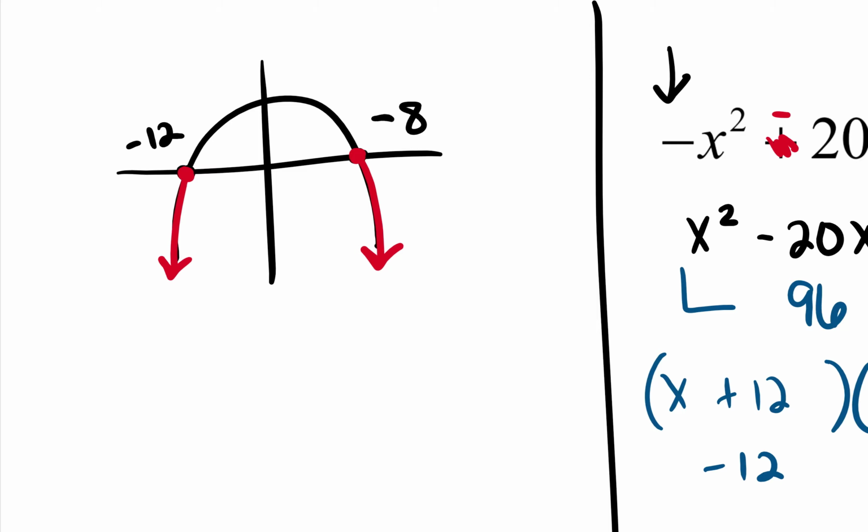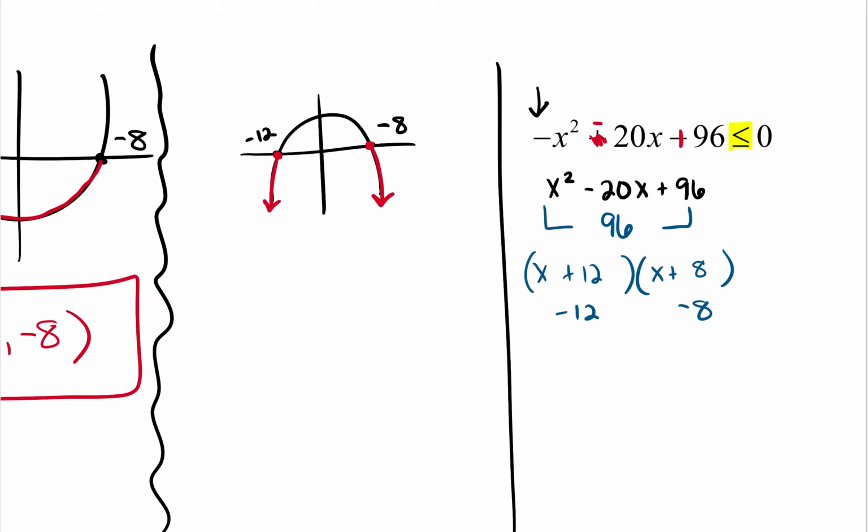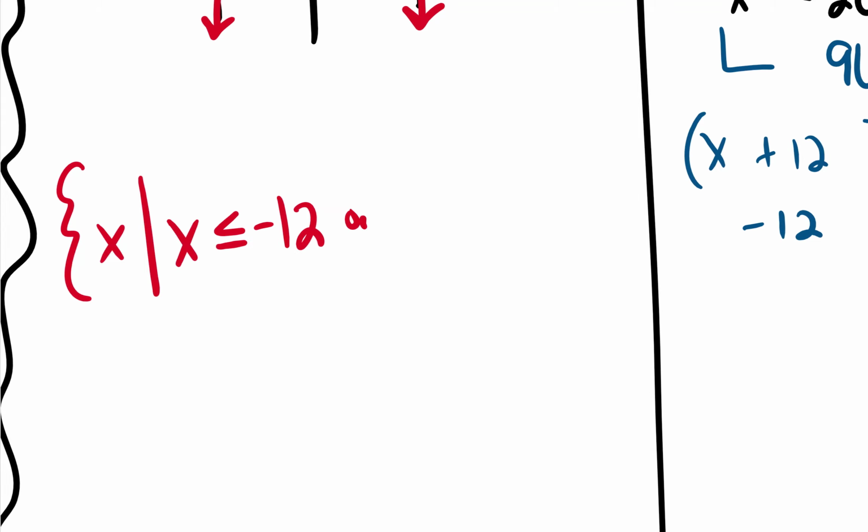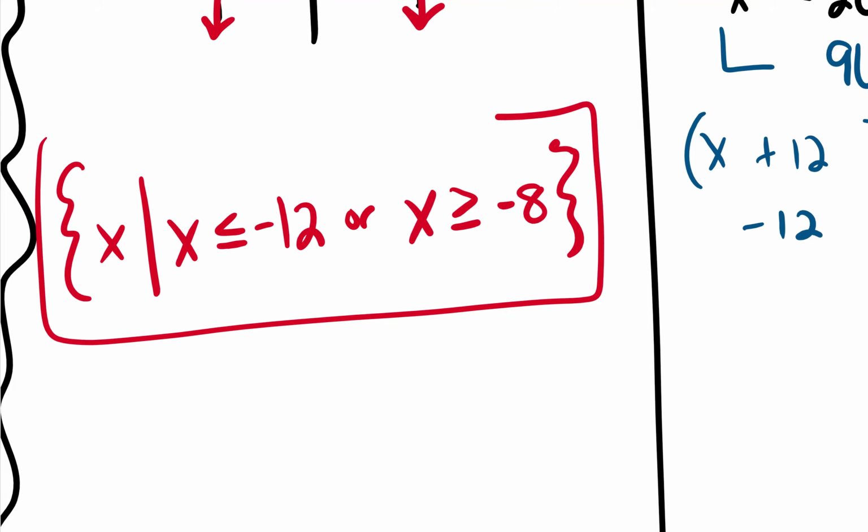So I went the left or the right, so my answer is split. Okay? So remember, if you have a split answer, I'm going to do fancy bracket x such that x is less than or equal to my left number, or x is greater than or equal to my right number. And that would be my answer for this one.